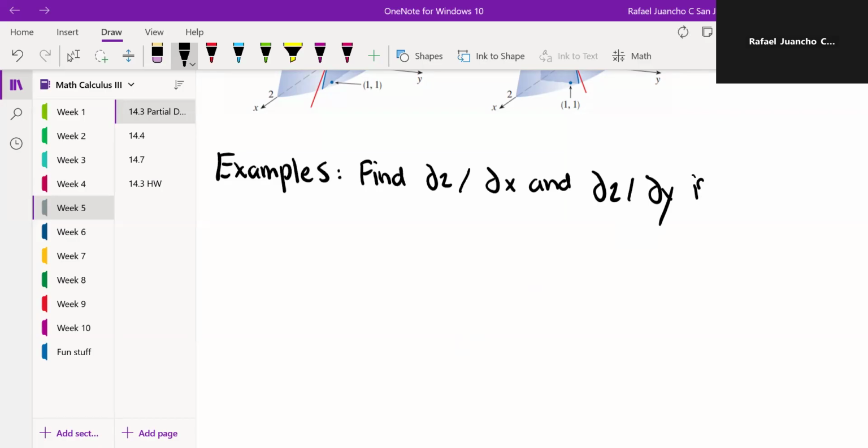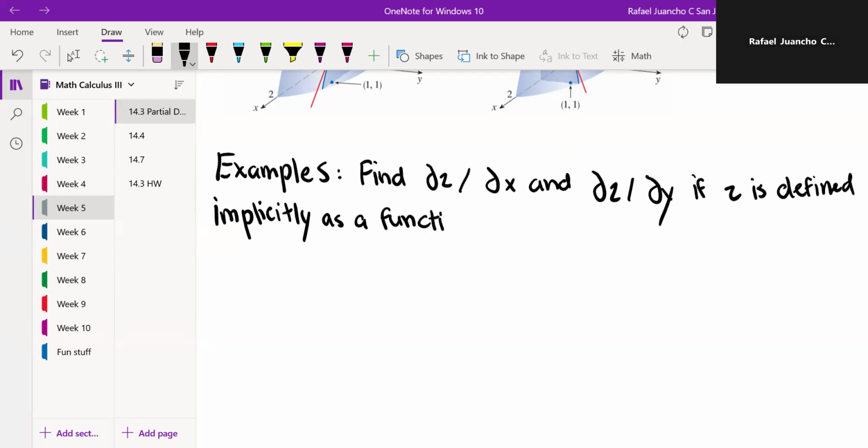But the problem here is z is defined implicitly. So it's not an explicit function. Right? So let's see what that looks like.